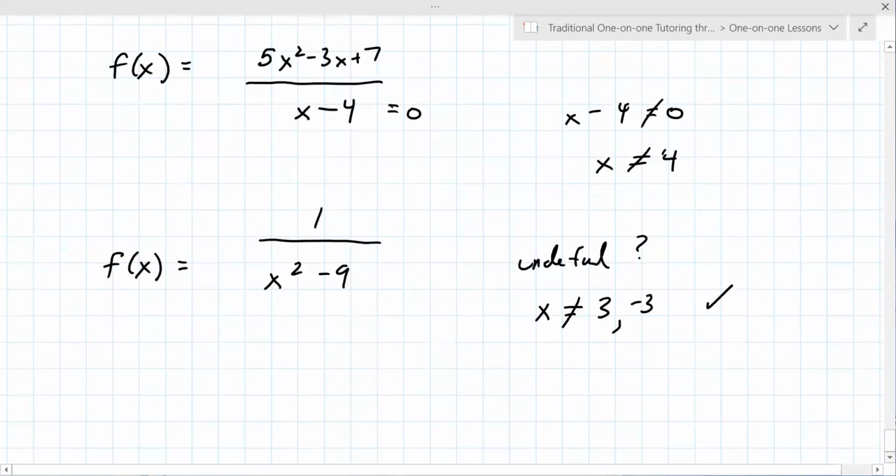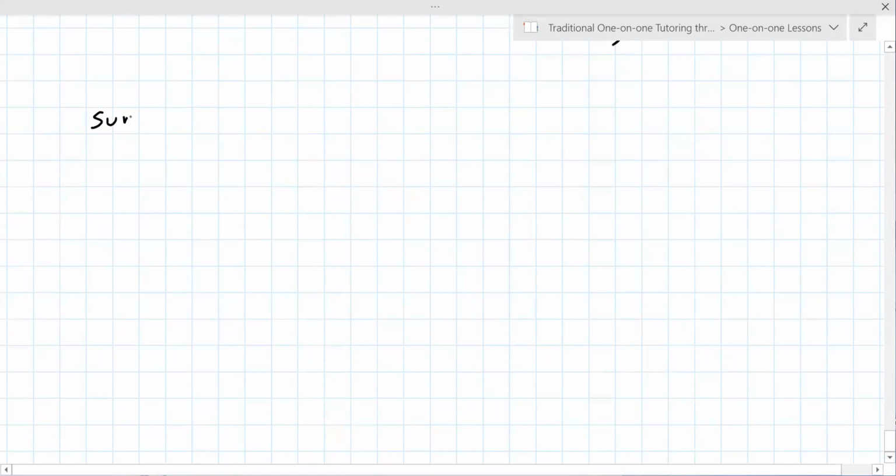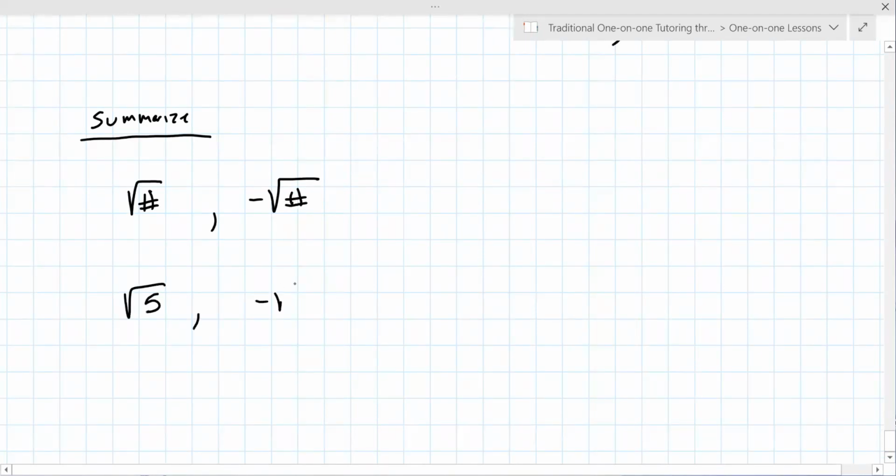Just to summarize, a little bit of review here in our last moments. If you have a solution like the square root of a number, it is paired with the negative square root of that same number. So if it's the square root of 5, it's minus the square root of 5. If you get 3 plus the square root of 7, you also pair it with 3 minus the square root of 7.